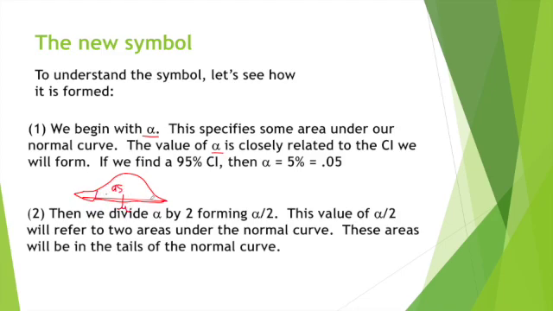I am 95% confident our true population mean is within this area right here. But what's left over? Here I have 0.95, so what's left over is 0.05.